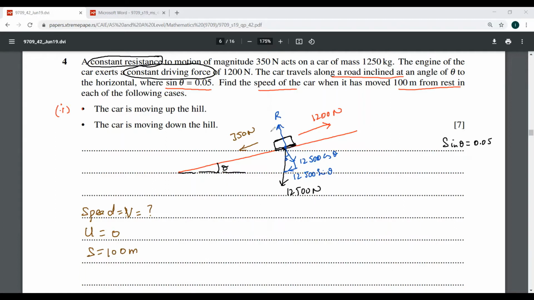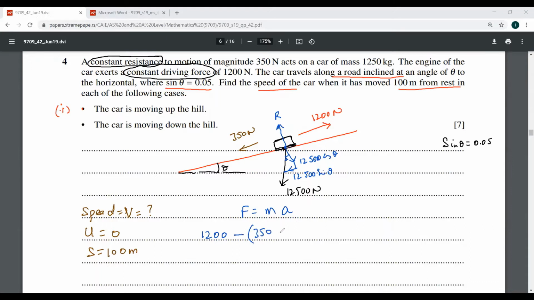So we need the acceleration so that you can find v. That is our favorite formula to be used here. Finally, it came into action: F equal to MA. So this is 1200, the upward force, and there are two downward forces.